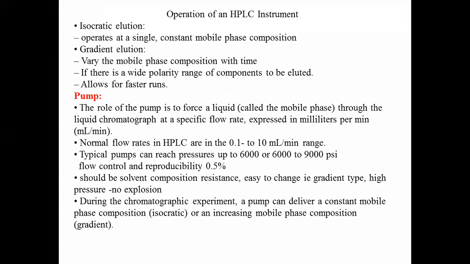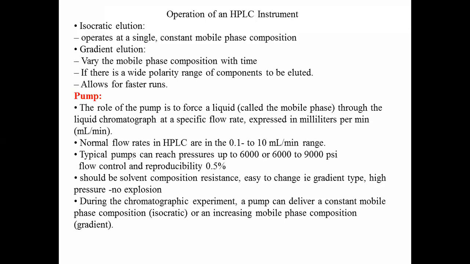So as usual, in the HPLC instrument, we can run the chromatogram with the help of a single solvent system or more than one solvent system, that is, elution methods. What type of elution methods are used? So it is very clear to you that the isocratic elution process is adopted, and the gradient elution process is also adopted.